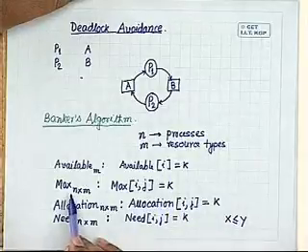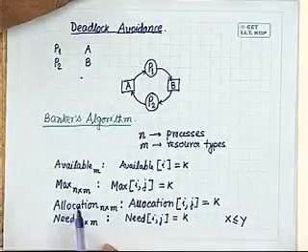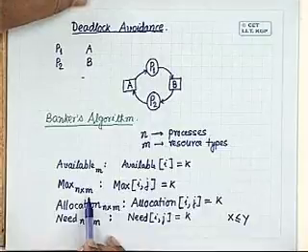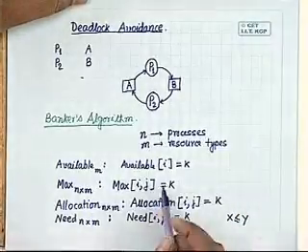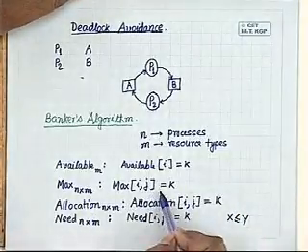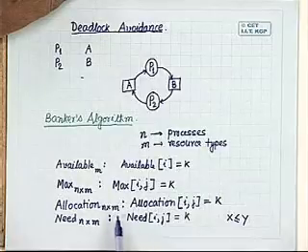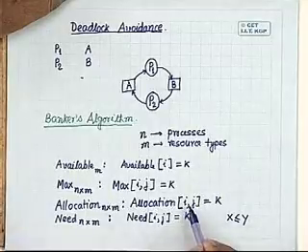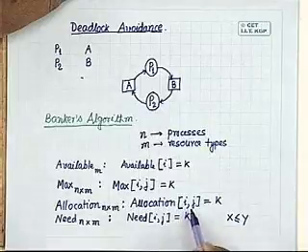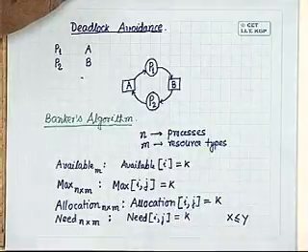Similarly, we have another data structure, a matrix max of dimension n by m, which says what is the maximum requirement of the number of instances of a resource type for a particular process. Similarly, allocation is another matrix of the same dimension n by m, which says how many instances of which resource type is allocated to which process at a particular instant of time.